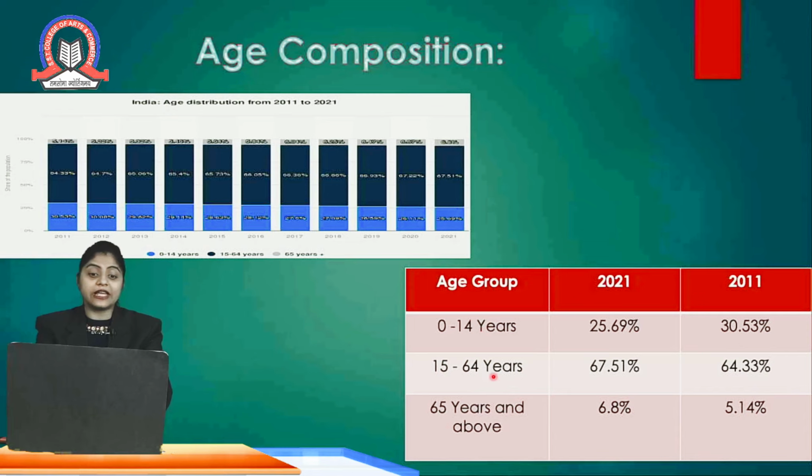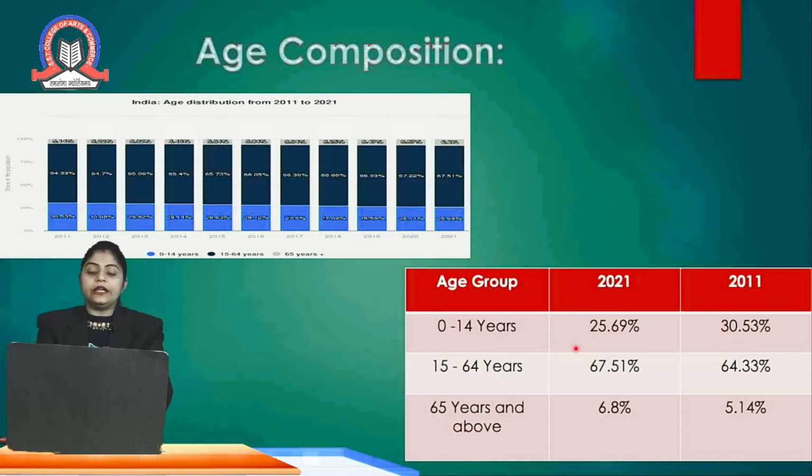Majority of this age, 15 to 64 years, are the independent population, and we are blessed that we have a major percentage of the population in this group, which are youngsters, young blood, smart people, those who think of the economy to grow.